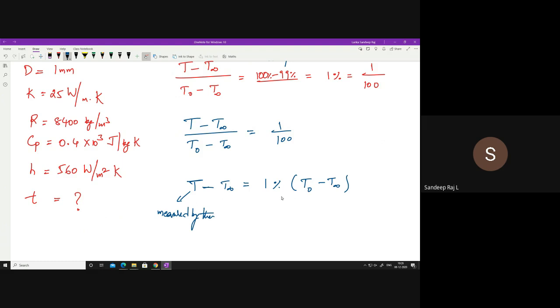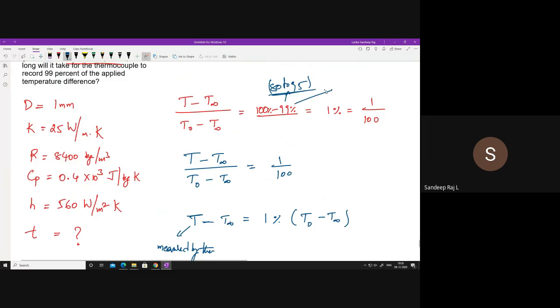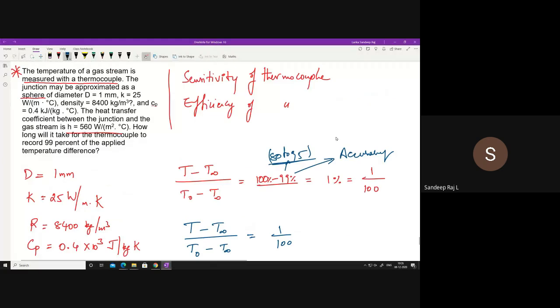So the thermocouple is having 99% of the sensitivity or accuracy, you can say. So this 99% is a measure for accuracy or sensitivity of the thermocouple.